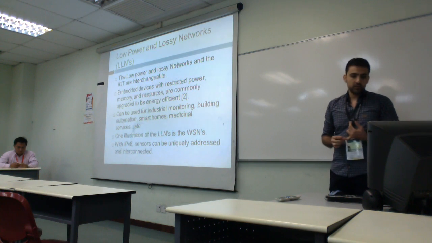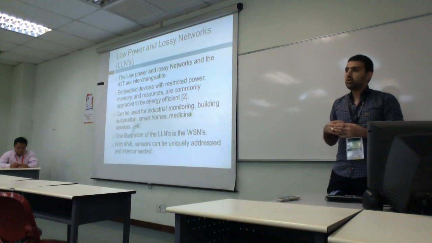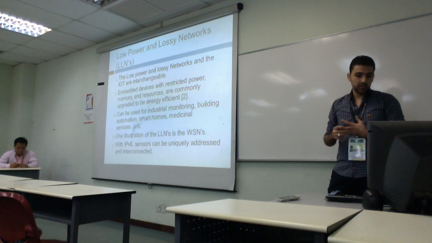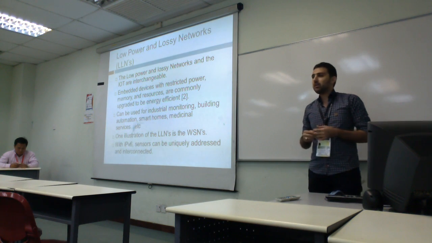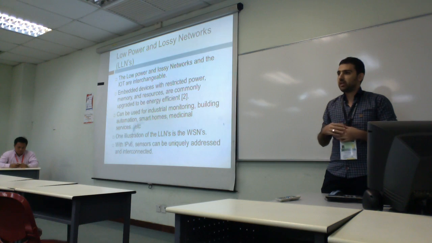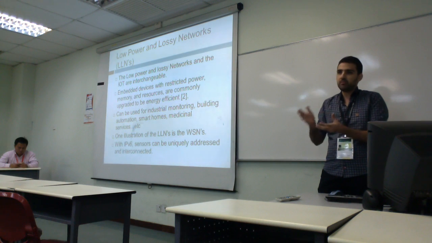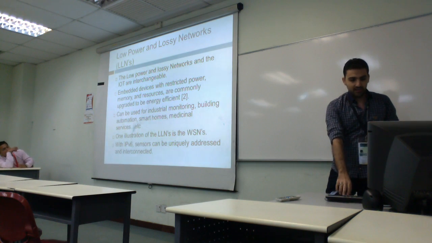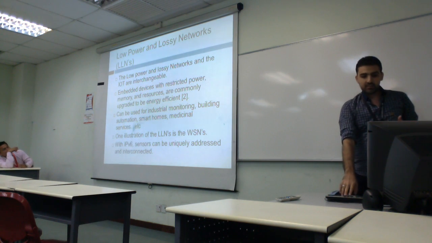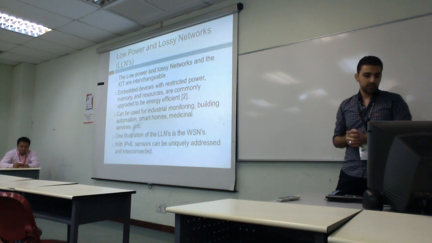By low power and lossy networks, we mean embedded devices with restricted power, memory and resources, commonly energy efficient. Low power and lossy networks and the Internet of Things are often interchangeable: when we talk about the Internet of Things, we may mean low power and lossy networks. They can be used for industrial monitoring, building automation, smart homes, and medical services.